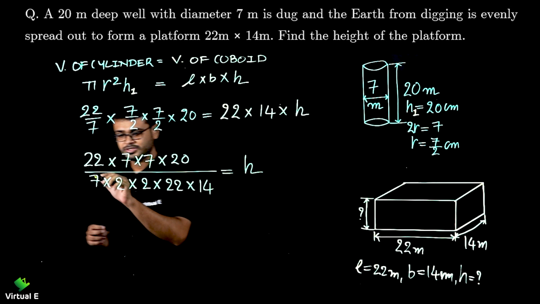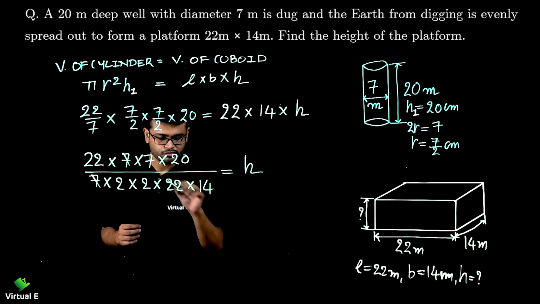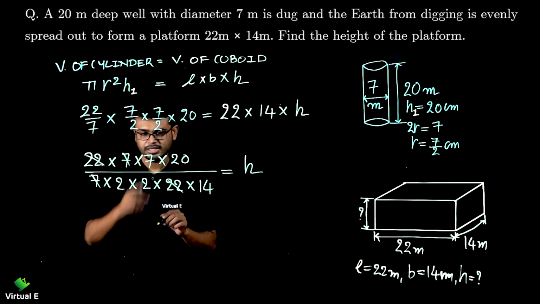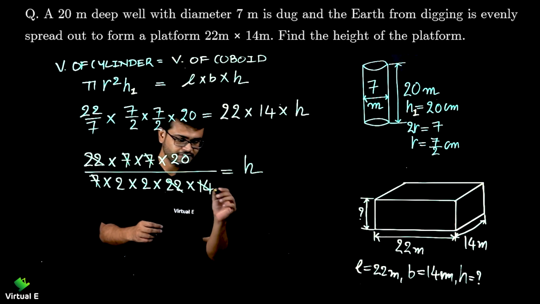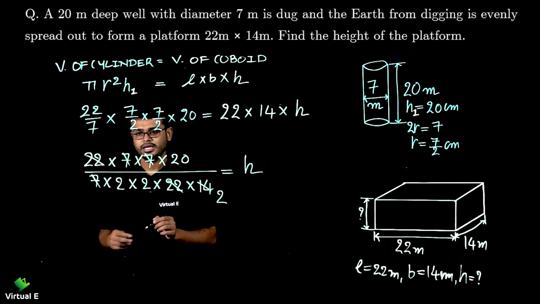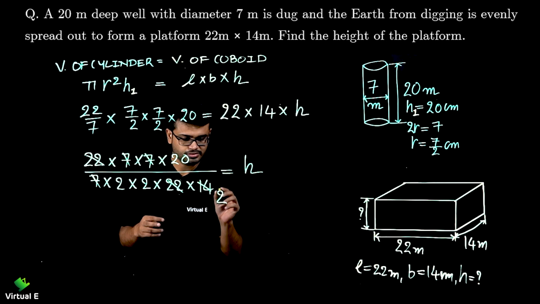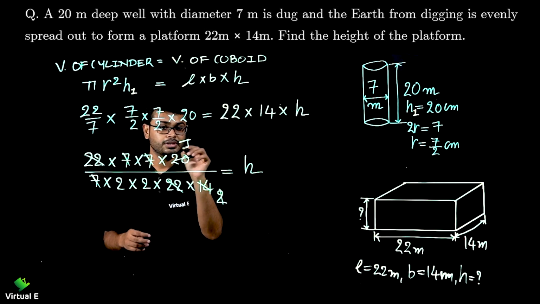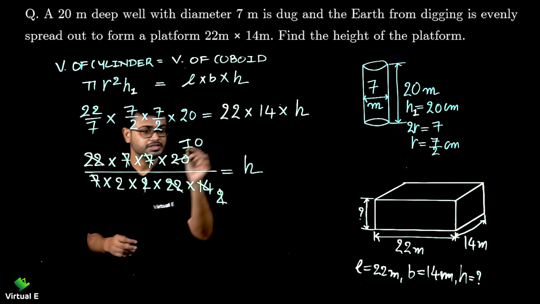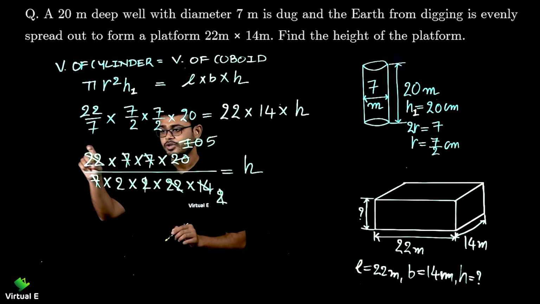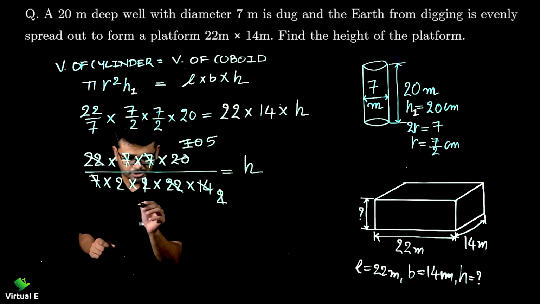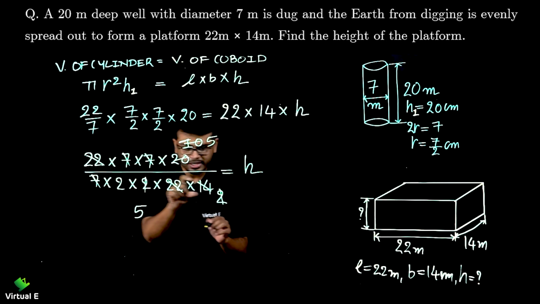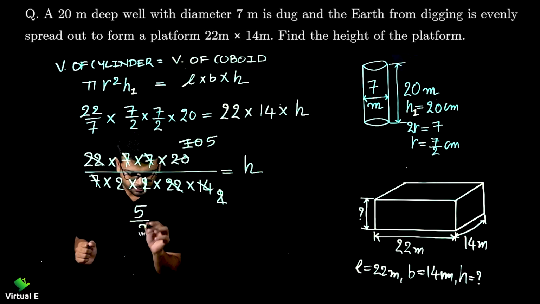Let's start. 7 and 7 cancel, then 22 and 22 as well. 7 ones are, 7 twos are. Now let's do further cancellation. 2 ones are, and 2 tens are, sorry. Then 2 ones are and 5s are. So in the numerator there is only 5, and in the denominator there is only 2.